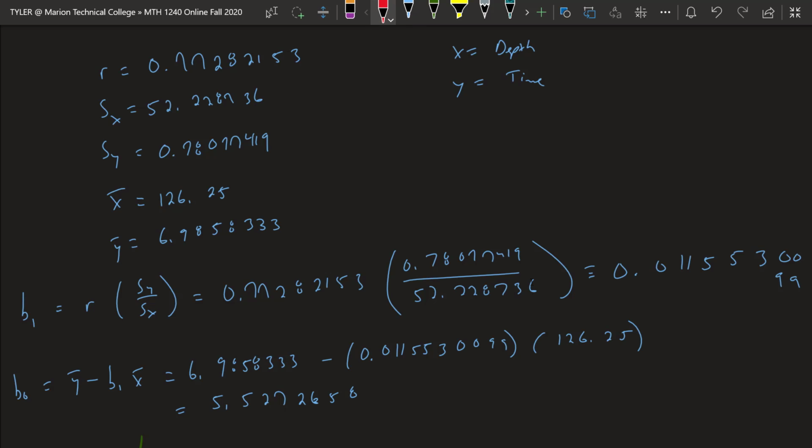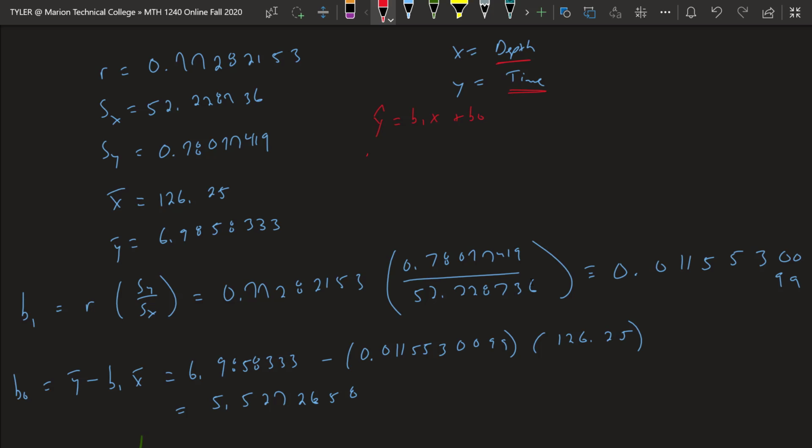Right, so if you remember, my model is y hat equals b sub 1 times x plus b sub 0. Or in this case, instead of writing y and x, typically we'll write a variable that helps me remember the context.